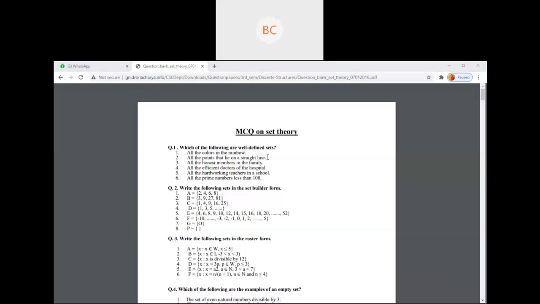Well-defined means distinct. For a straight line, we are getting infinite numbers of points. But the points are distinct, because connecting all the points, we get the straight line. Yes, the points are infinite, but they are different from one another. So that's why the second one is also a well-defined statement.